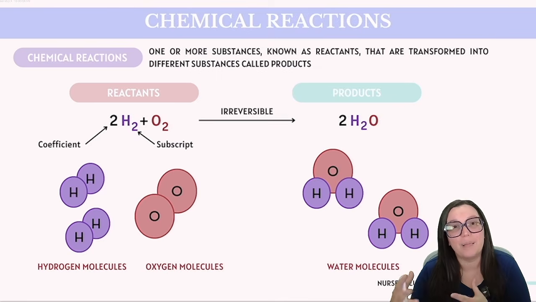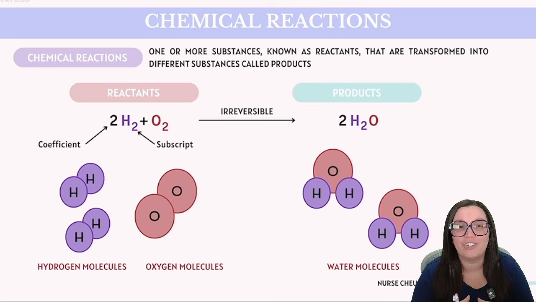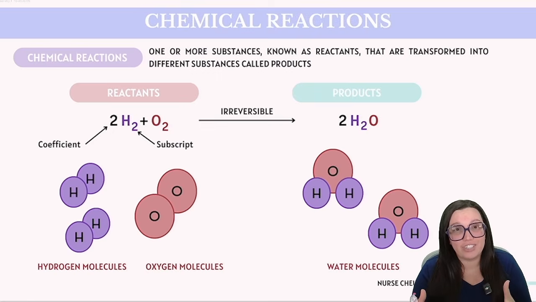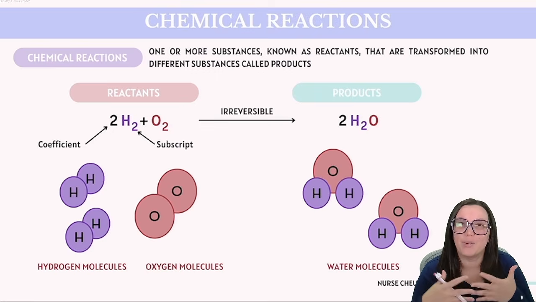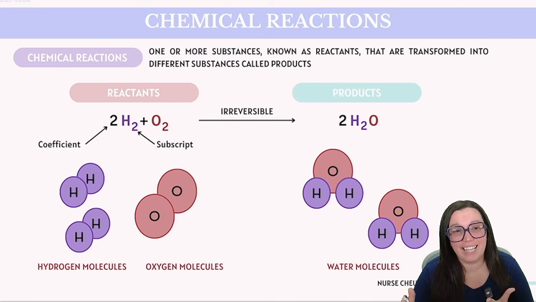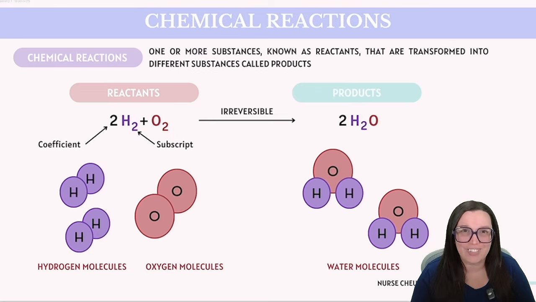This motion becomes even more vigorous when additional energy is introduced, causing them to collide even more forcefully. It's through these collisions occurring in just the right manner that the old bonds are going to be broken and new bonds are going to be formed. This spontaneous and somewhat random interaction between the molecules is what drives the complexity of chemical reactions.